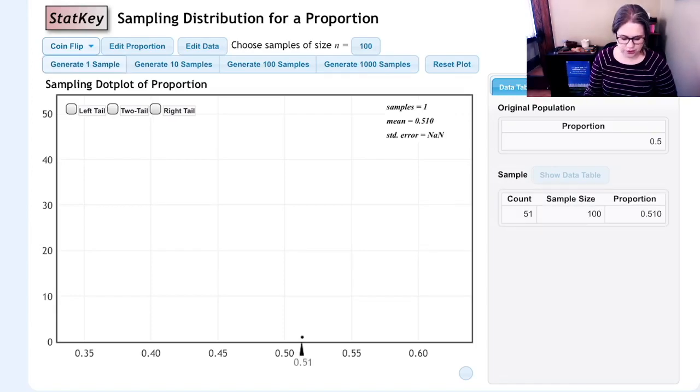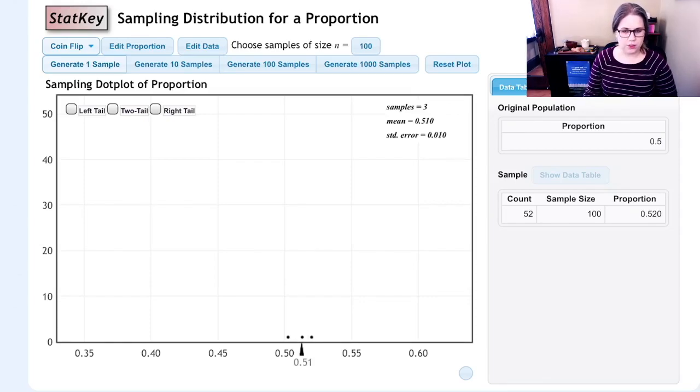So if I click the Generate One Sample button, it takes 100 coin flips, and it says 51 of them were tails for a proportion of 0.51. If I say generate one sample again, I get another random sample. In this case, exactly 50 out of the 100 were tails.